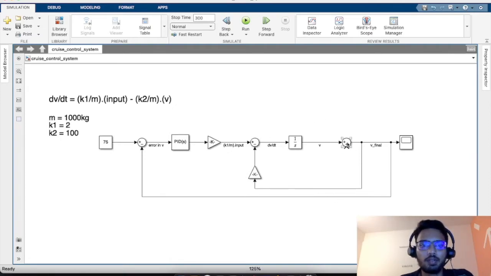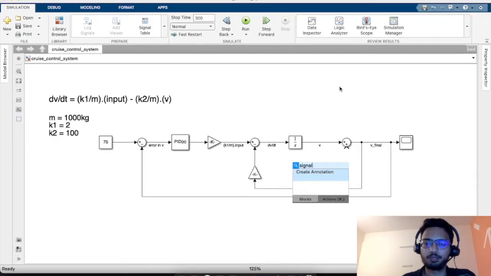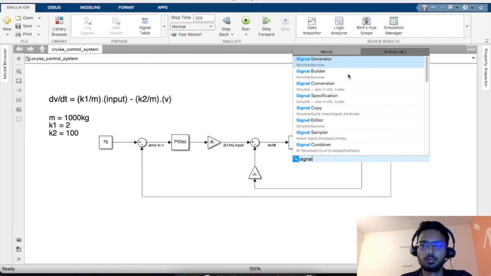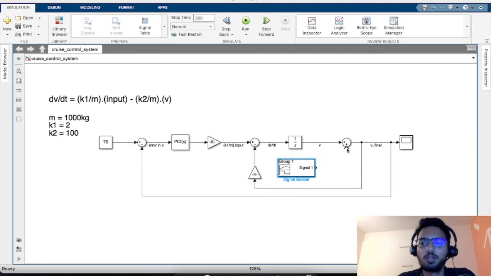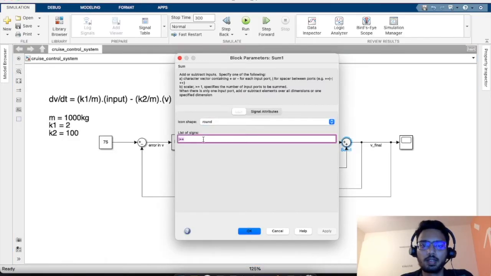This plant will have this disturbance here. So I'll model this disturbance using a signal builder. We could have also used unit step, but the signal builder gives us more flexibility in terms of what type of signal we want as a disturbance here. We'll connect this here and then change it to minus.